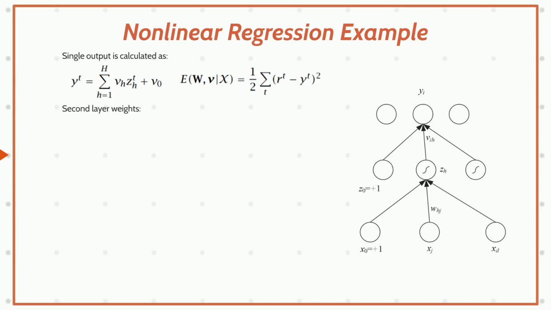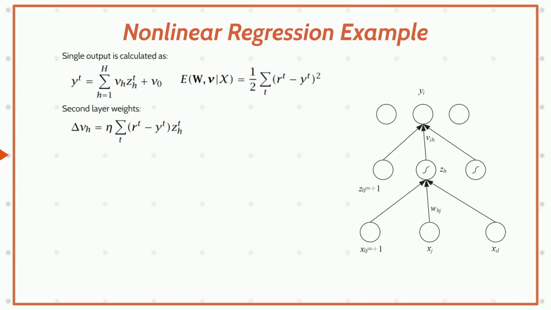The second layer weights, the output Y, use the same gradient. This is the actual gradient descent, and you have here the R, the output value that you're expecting, minus Y, what we actually got, times our inputs Z, and we have our learning factor in the front here as well.